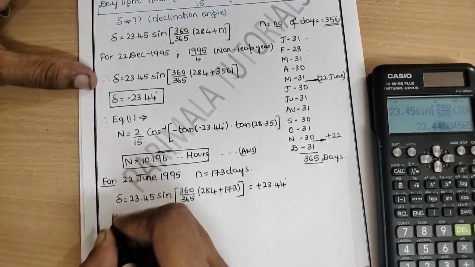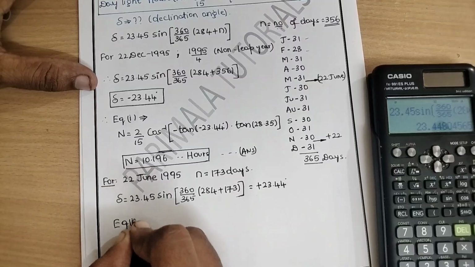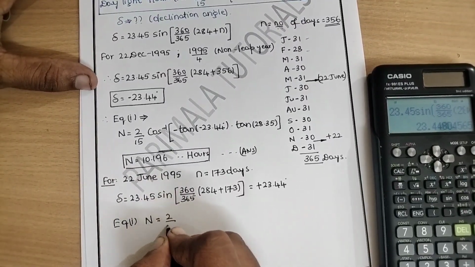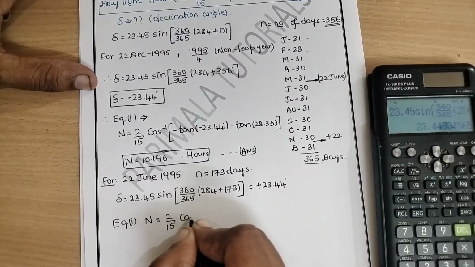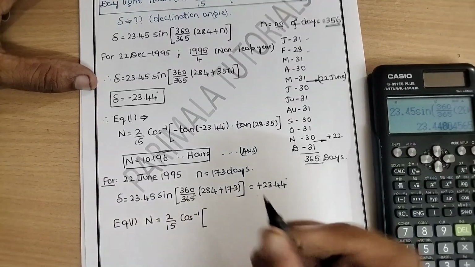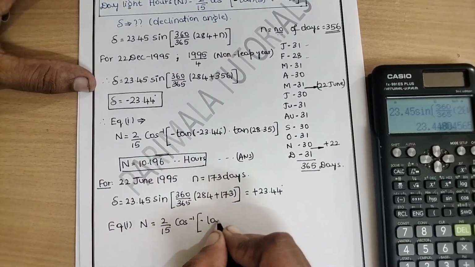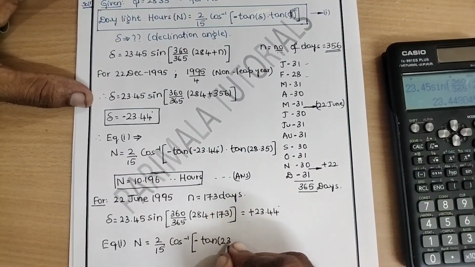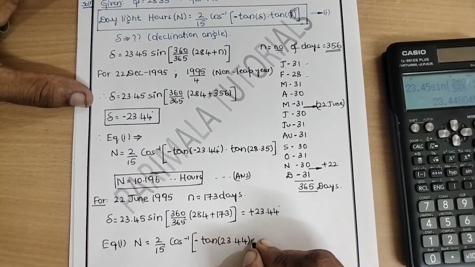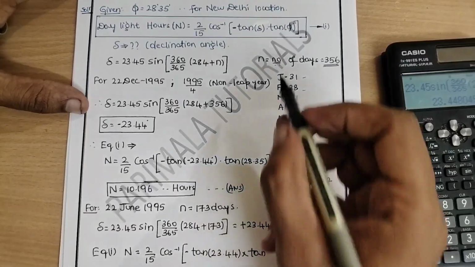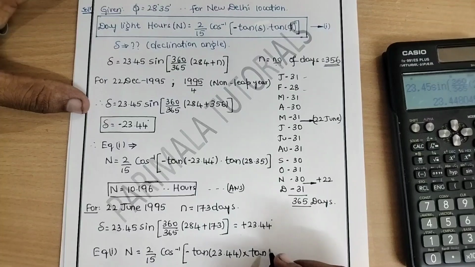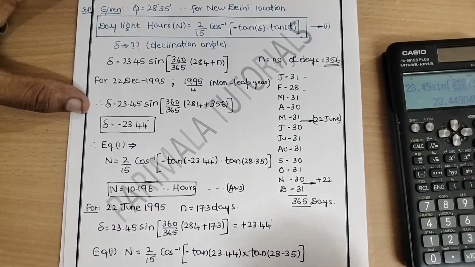Therefore, once again equation 1 implies, that is, the number of sunshine hours n is equal to 2 by 15 cos inverse of minus of tan delta. What is the value of delta? It is plus 23.44 into tan of phi. Phi is once again the latitude angle. It is given as 28 degree 35 minute, 28.35, close the bracket.